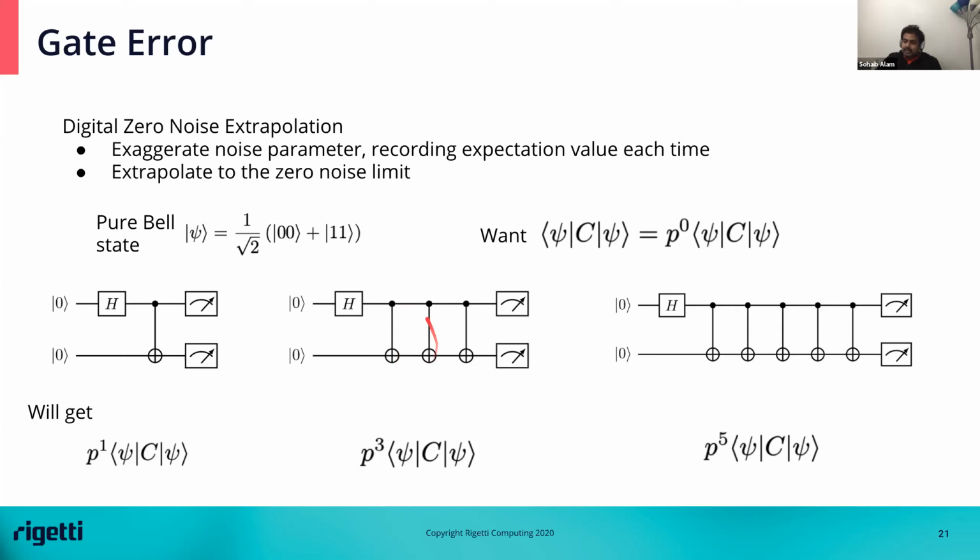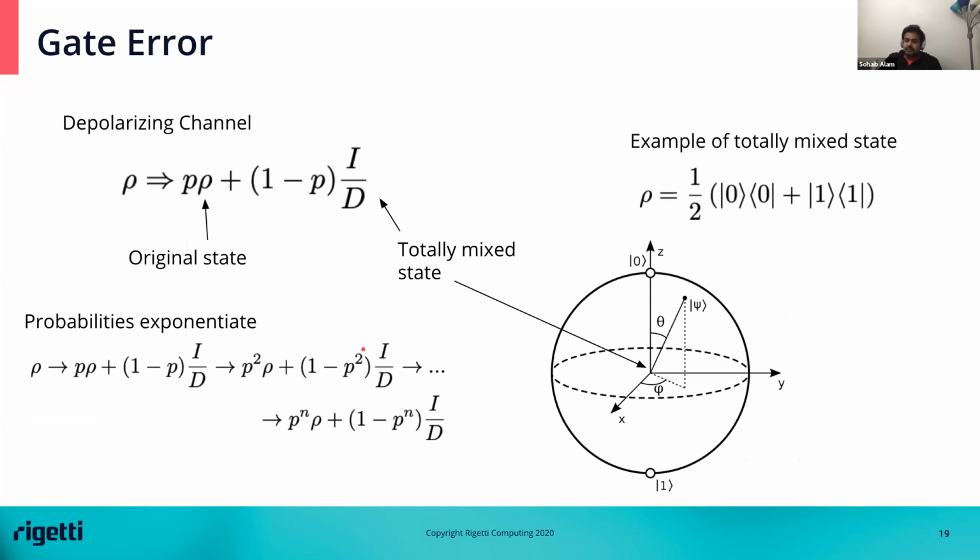Now I pass it again through some C naught. Okay, good. The C naught just evolves it unitarily, ideally. But after that, I evolve it according to some noisy channel, right? At that point, I have now P squared times the original rho plus 1 minus P squared times the totally mixed state.